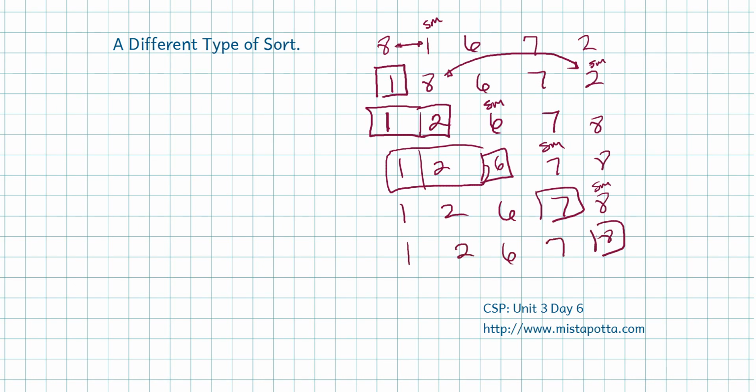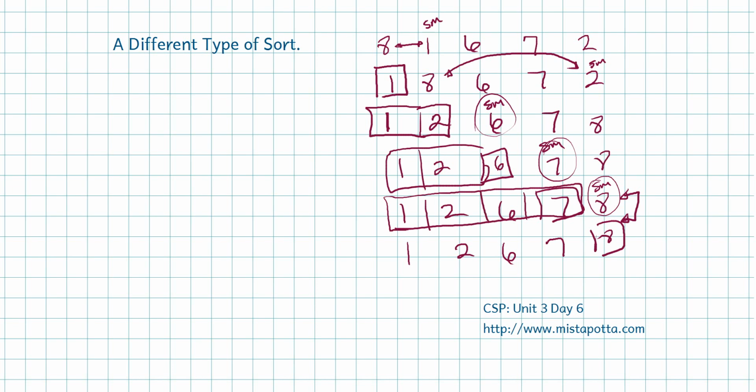So notice that there were only 5 swaps that could happen. And also notice that the swaps didn't have to happen. There were several times when the number just never needed to change position. As a matter of fact, this last element will never have to change position, because if these first 4 elements are in the correct spot, then this last element has to be in the right spot.